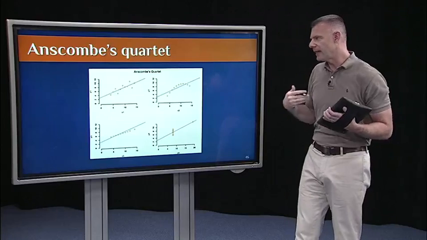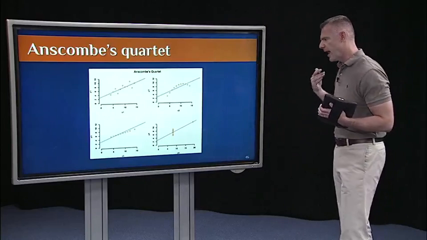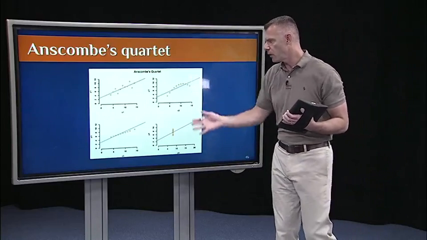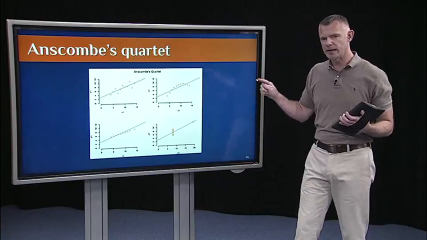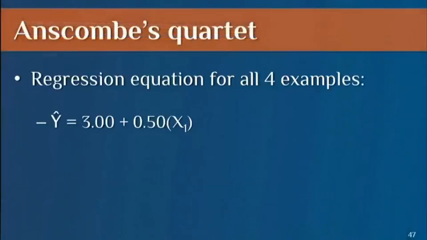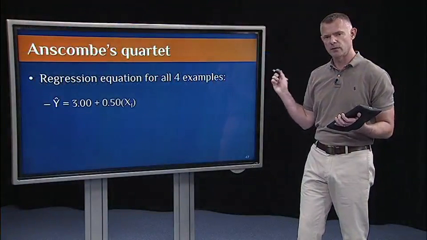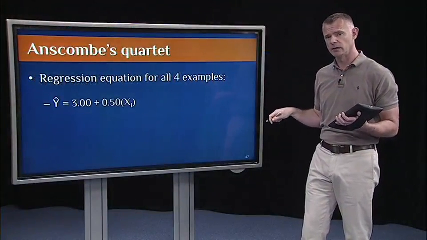So I'm going to bring back this classic example of Anscombe's quartet because it's just such a pretty and elegant example. So remember, the correlation between x and y in each of these four data sets was exactly the same. Well, of course, it turns out then that the regression equation, if we predict y from x, is going to be exactly the same for all four examples in Anscombe's quartet. It's one of the reasons why he created it, was to show that you could get the same exact outcome in a regression analysis from those four very different looking data sets.